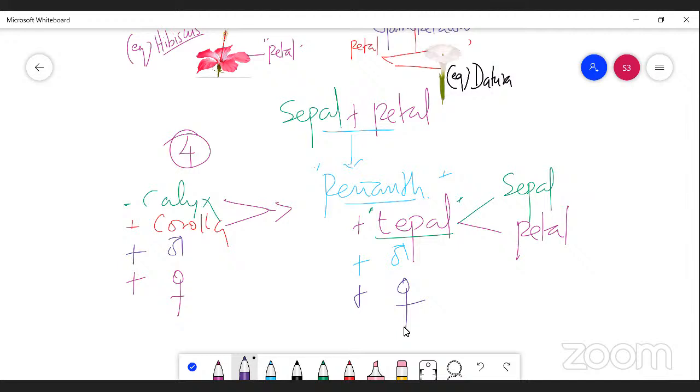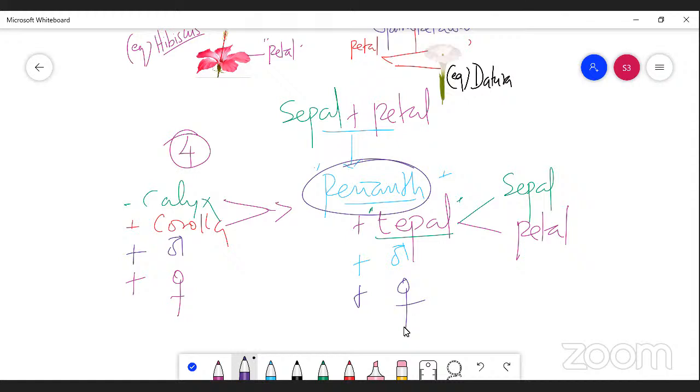So this is a modification of sepal and petal into tepal. A group of tepals is called perianth. Why am I saying this repeatedly? Because it is a modification of sepal and petal. Instead of calyx and corolla, which are not differentiated, there is only one whorl of a flower, the outermost whorl, that is the perianth, right?